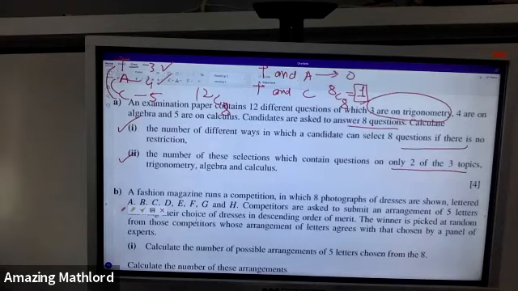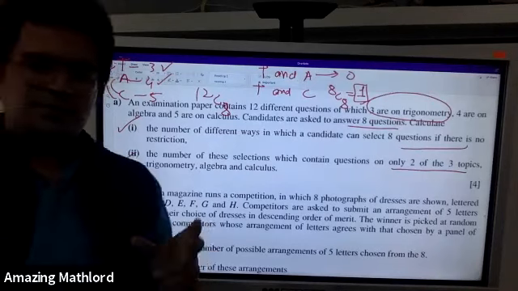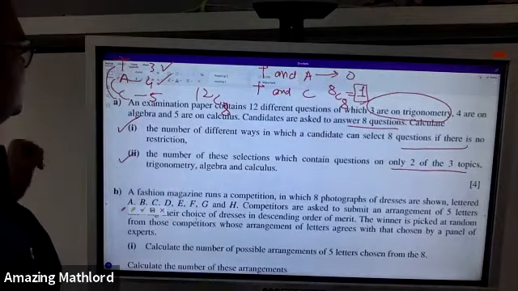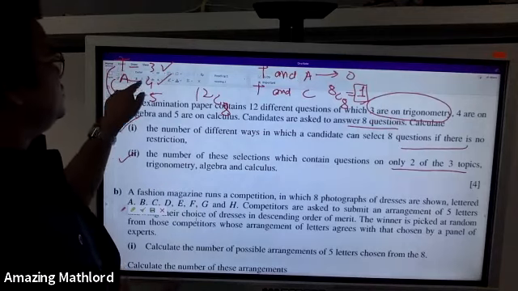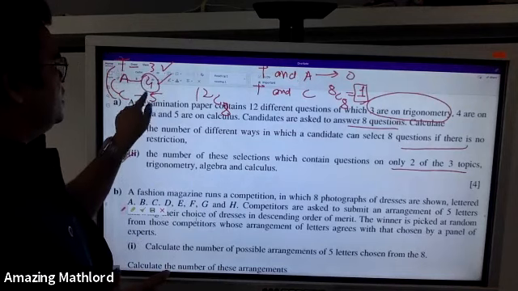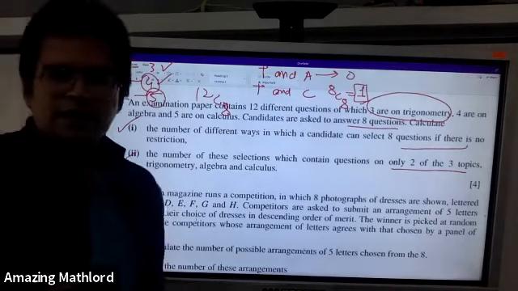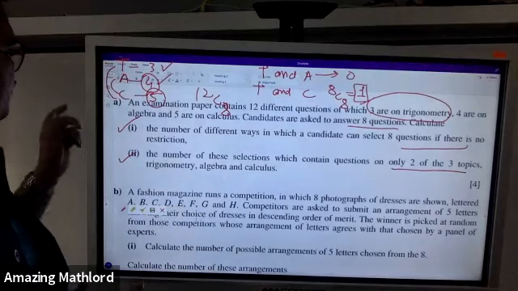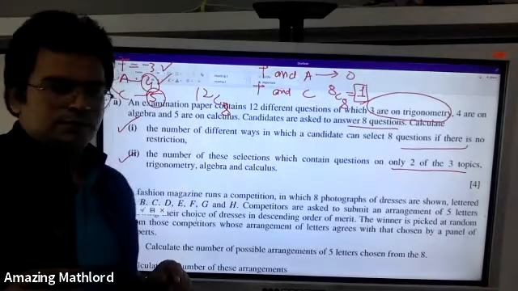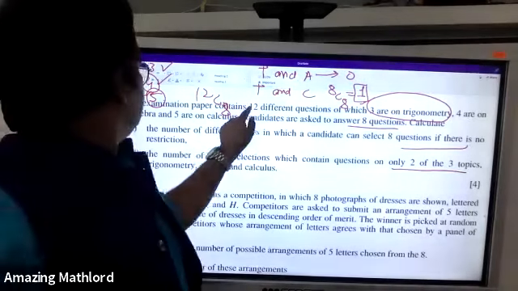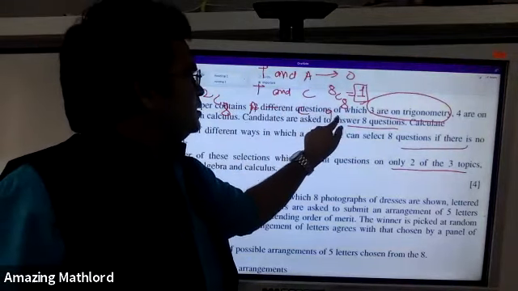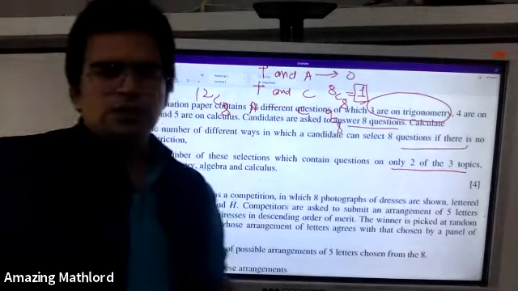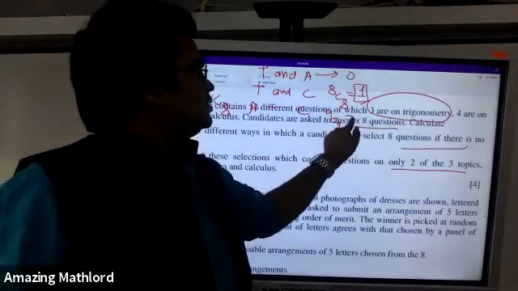Now if he selects algebra and calculus, there are 4 from algebra and 5 from calculus, so there are a total of 9 questions. Out of 9, it will be 9C8, which is nothing but 9 itself.